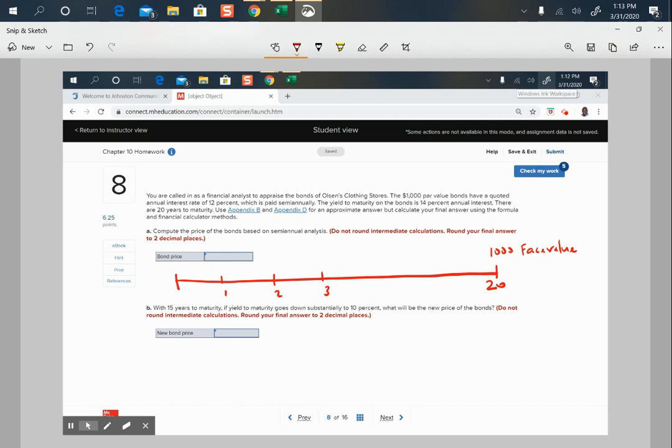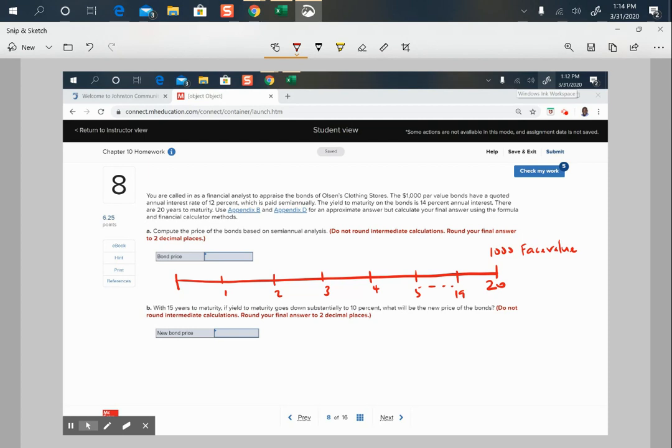And again, I said, to compute the interest payment, what we need to do is to use the stated interest rate, the coupon rate, the nominal rate to determine the interest payment.